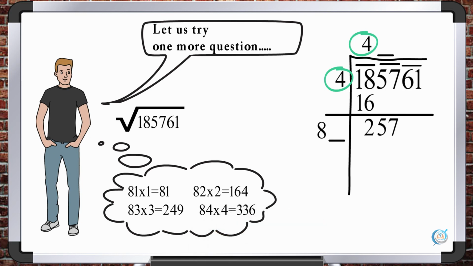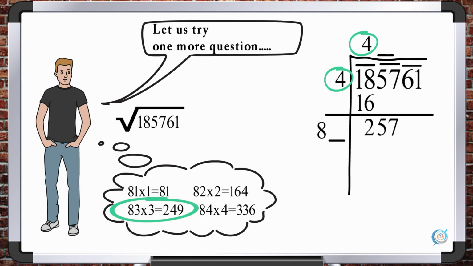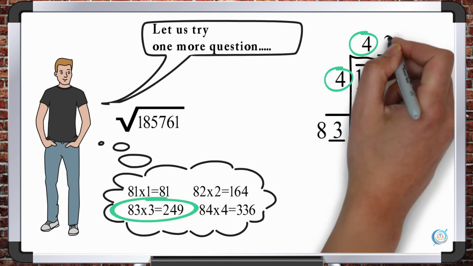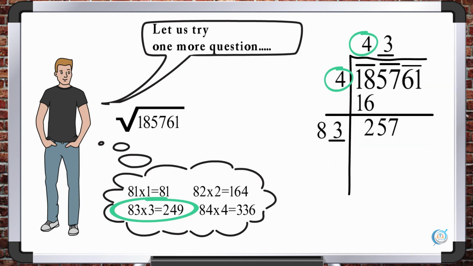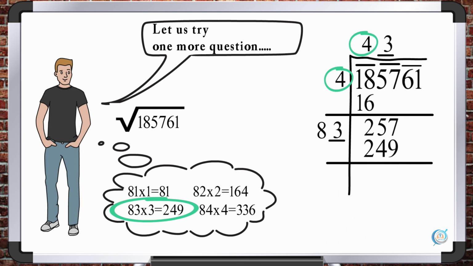But 336 is a number above 257. So we will take 83 into 3, that is 249. So we will give 3 there. So it will become 249. Now subtract both numbers. We will get the answer as 8.